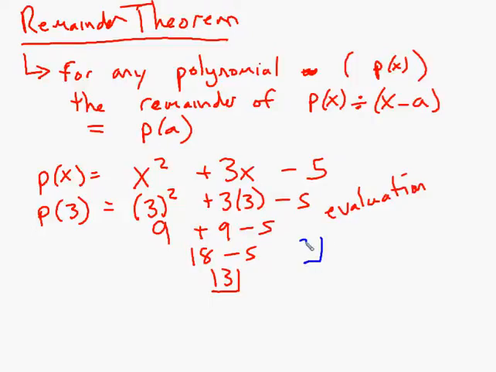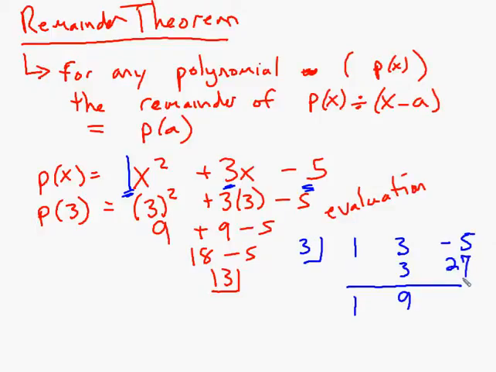So if I take my 3, and hopefully you remember synthetic division, I take each of my coefficients, bring down. Do you remember doing this last year? Multiply, add, multiply, and I did it wrong.